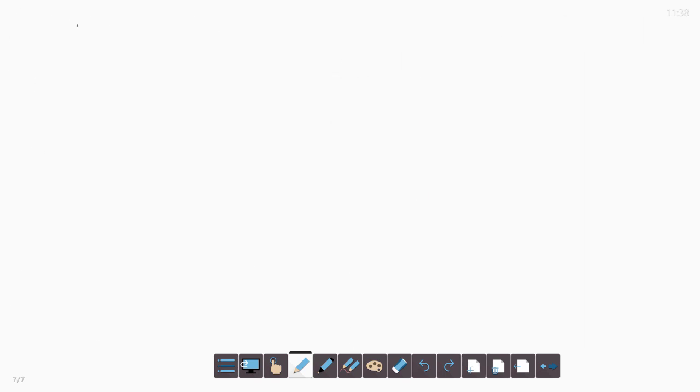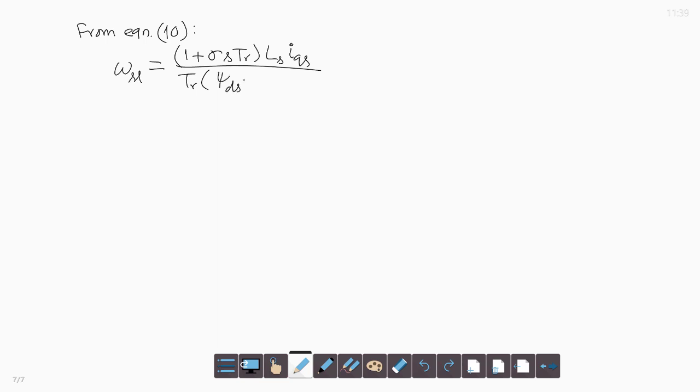From equation 10, we get the slip speed omega sl given by 1 plus sigma str into ls iqs divided by tr into psi ds minus sigma ls ids.